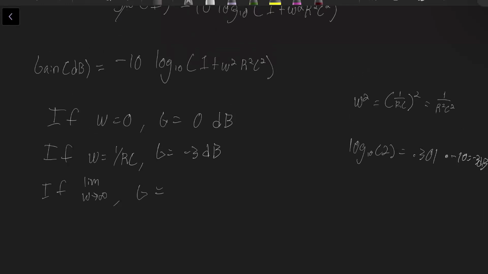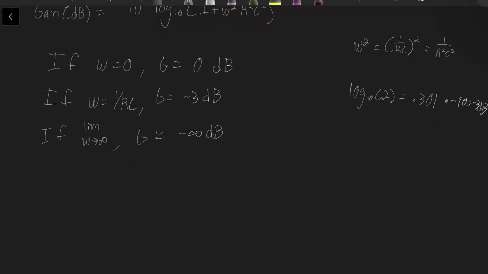So if we plug in infinity, the term inside of our log is going to go to infinity. Our log is also going to go to infinity. 10 times infinity is infinity, right? But we have a negative in front, so it's going to go to negative infinity. So as our omega continues to increase, our gain is going to continue to get more and more and more negative, right? So this is going to go to negative infinity.